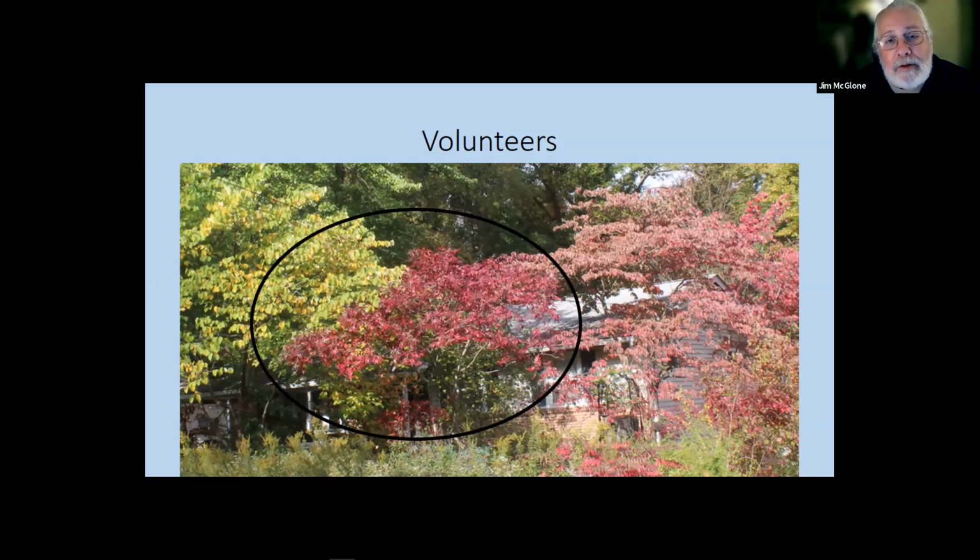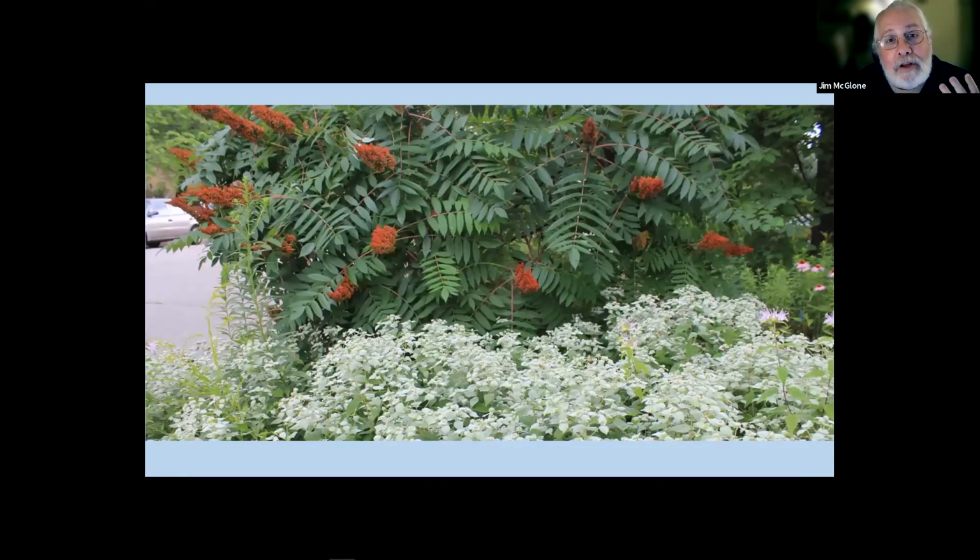And sumac is one of the underused plants in our landscapes, I think. It's a 3-season plant, so you can see it's got great fall color, but it also has really good growing season interest. I will admit, in the winter, it looks like crap, but it's got these great dark green foliage.